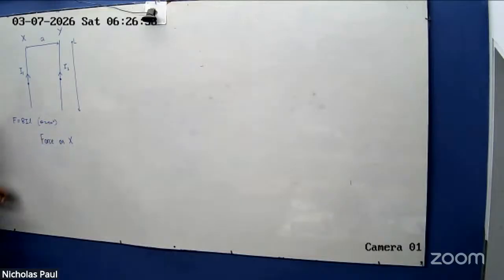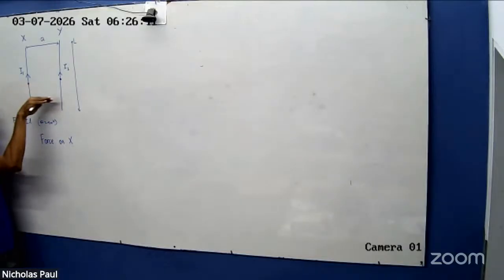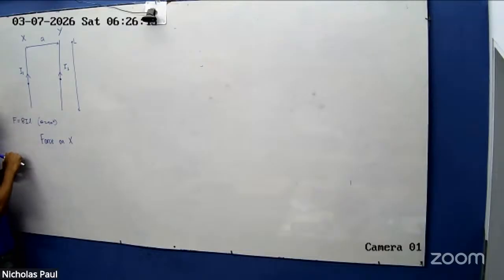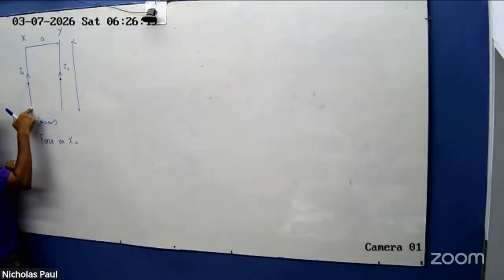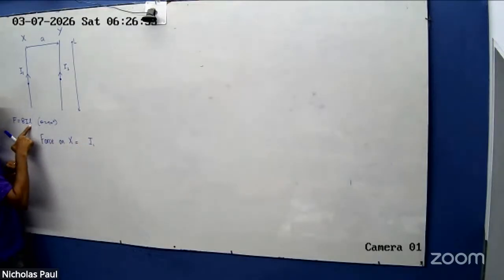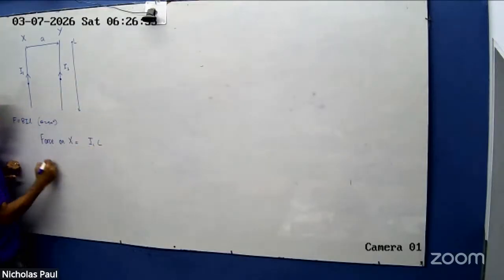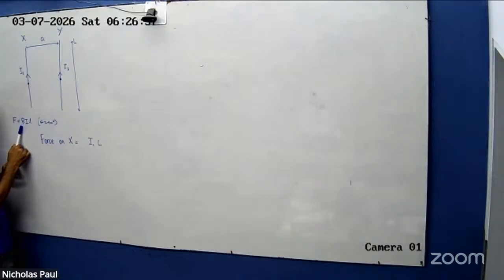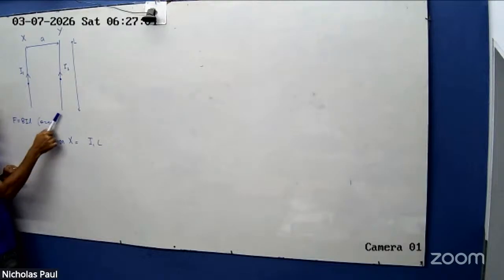Nice. So current this way and the force this way, so they're at 90, right? The force on X is BIL, right? We know I is I1, and we know the length is L. But what is B? What is causing the force on X? The force on X is due to the magnetic field strength here.